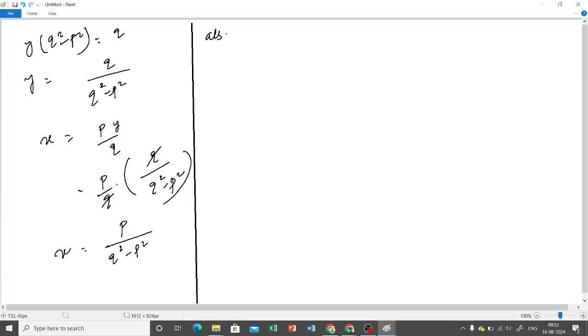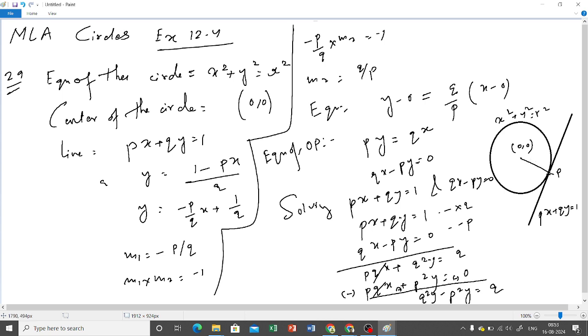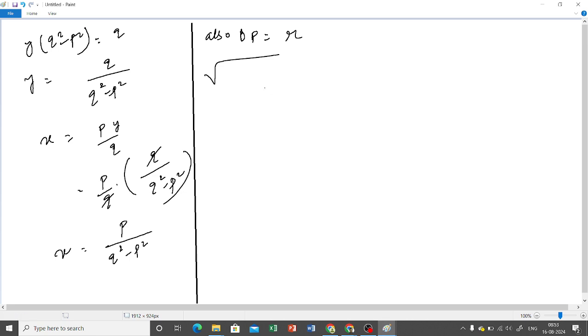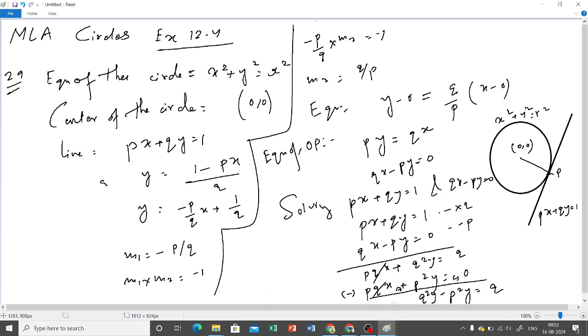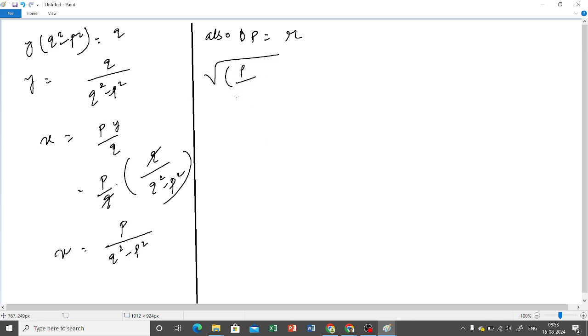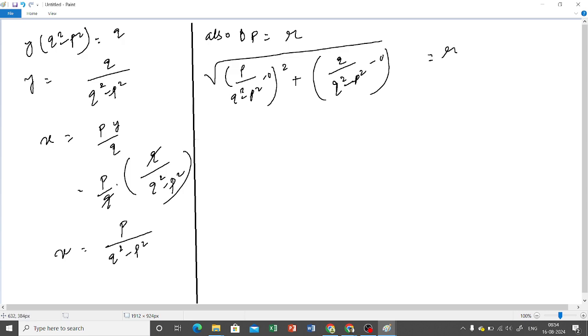Now also, OP is equal to what? R. Over here OP is R, so that is root over p by q square minus p square minus 0 plus q by q square minus p square minus 0 is equal to R, or p square plus q square by q square minus p square whole square is equal to R square.